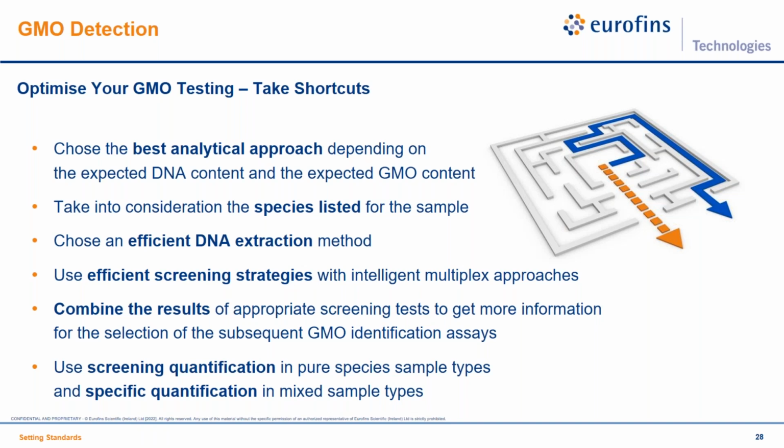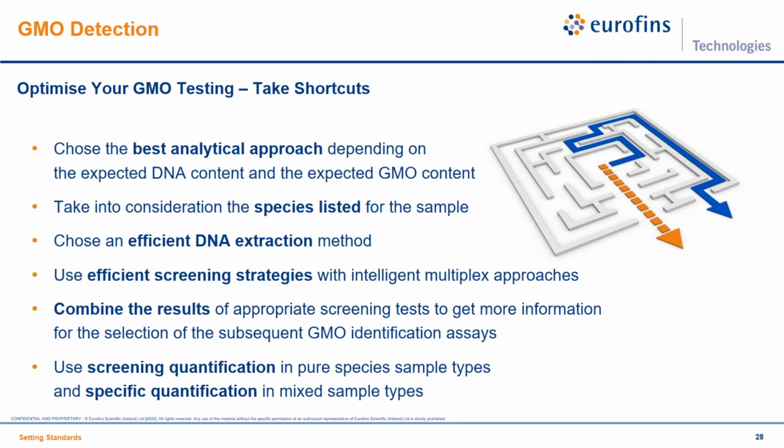And combine the results of the screening tests. So for example, if you have a GMO that is 35S and NOS positive, because it has both elements, and your screening result is 35S positive but NOS negative, then you know you don't have to identify this GMO and you can reduce the assays in the next analytical step.